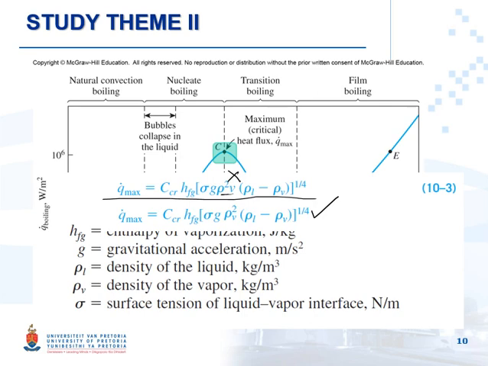You see it's much easier than the Q dot for nucleate: CCR, h_fg, surface tension, gravity, density of the vapor, density of liquid, density of vapor to the power of 0.25, at point C. So when delta T excess is 30, this correlation should give you the same answer as the other correlation.